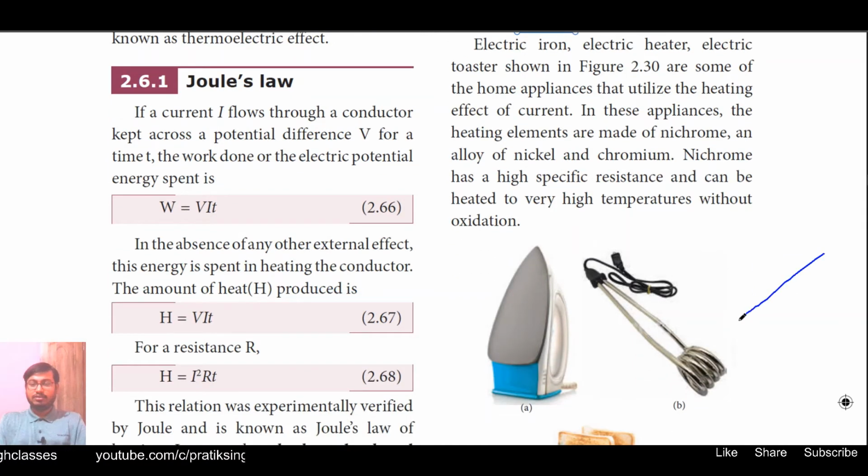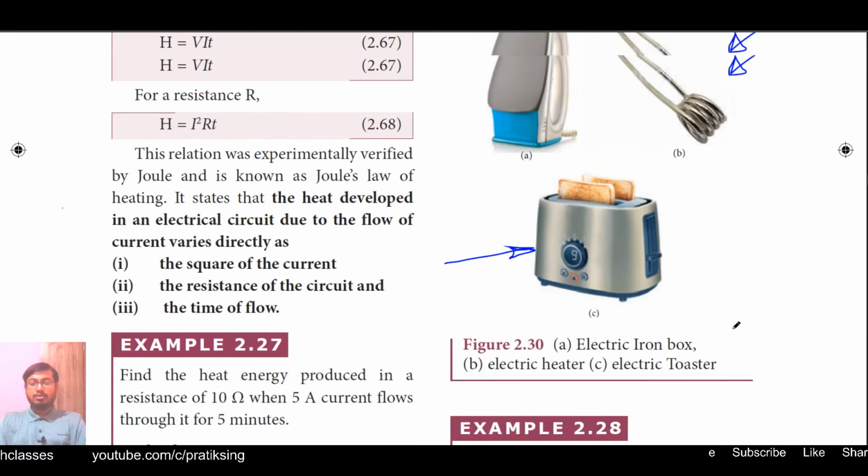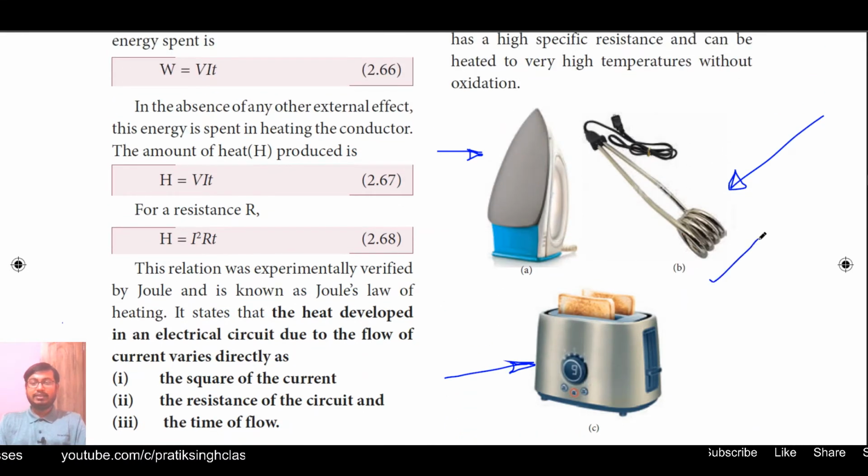Okay, so this is an electric heater, or you can also see this as an immersion rod. Then we all have this type of press irons. Then you might have seen or you might have at your home this toaster. Okay, so all these things work on the heating effect of electric current. When current passes through it, it becomes hot.